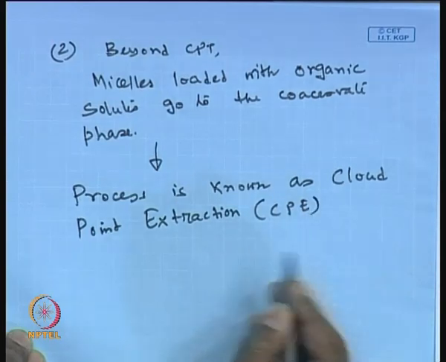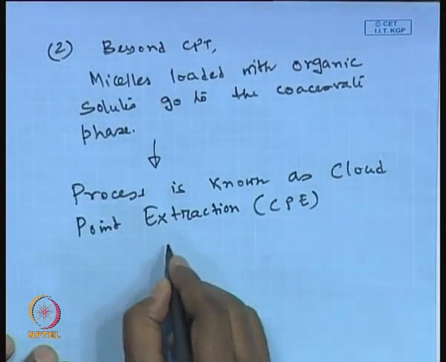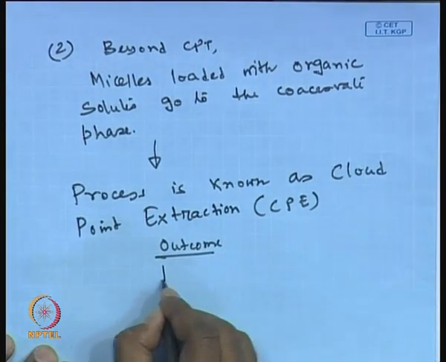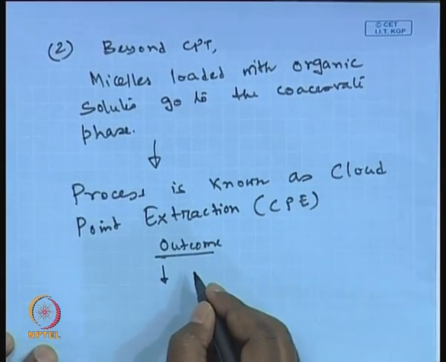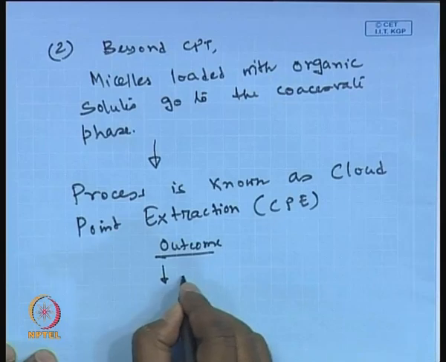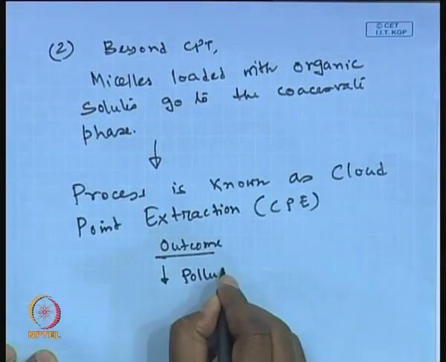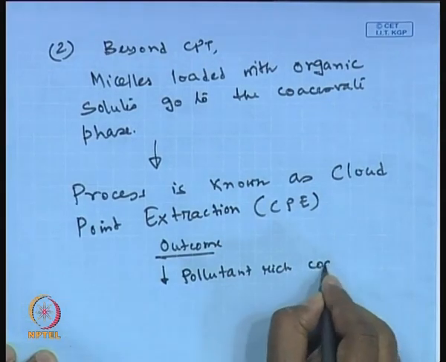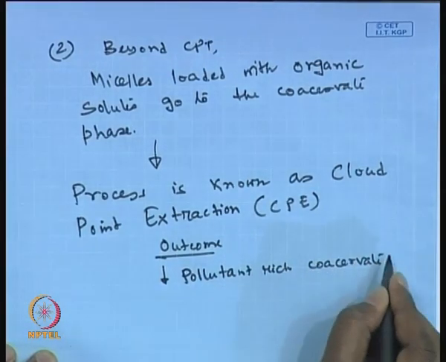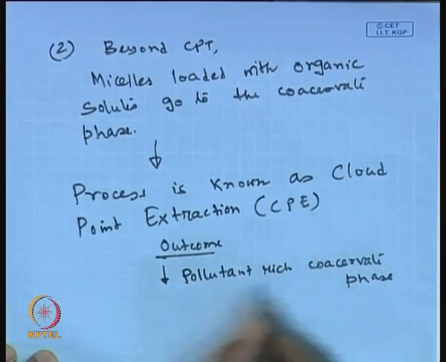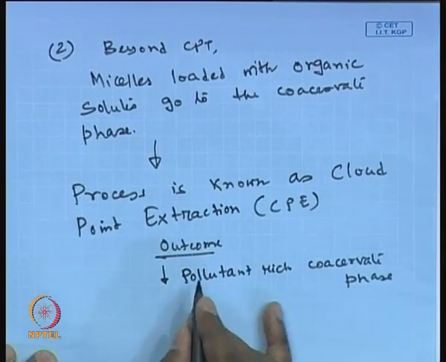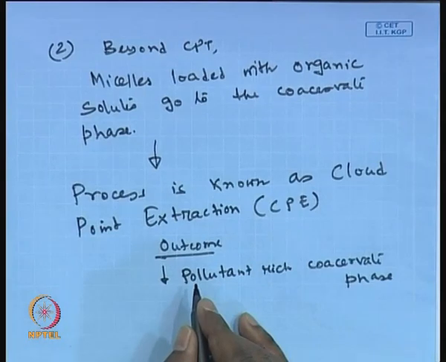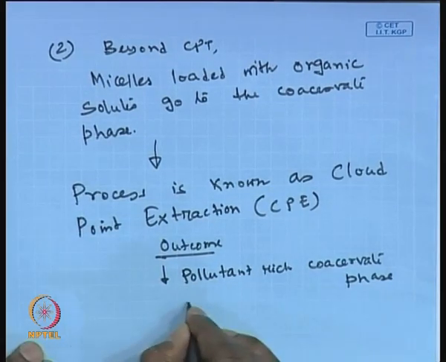Or CPE, and what is the net result of it? The outcome is you will have a solute-rich, pollutant-rich coacervate phase, and at the same time you will have an aqueous phase which is almost devoid of the pollutants.